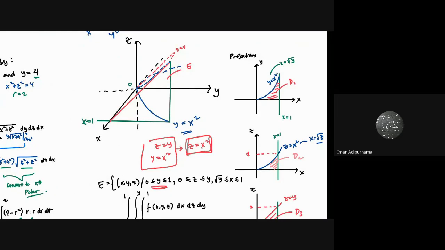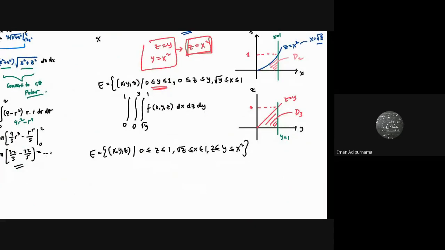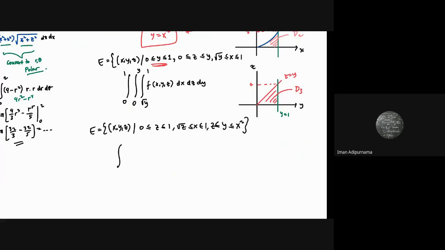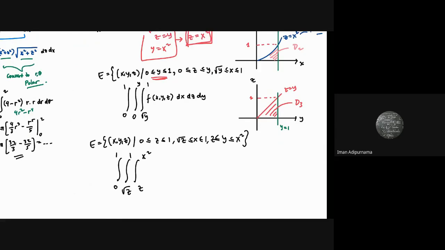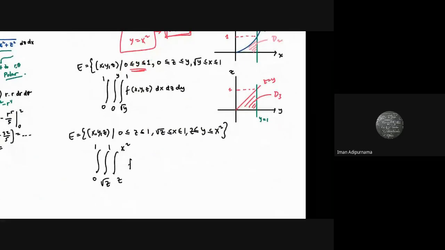So this z equal y here, and then this is the x squared. So 0 to 1, square root of z to 1, and then z to x squared. And then functions of 3 variables, and then dy dx dz.